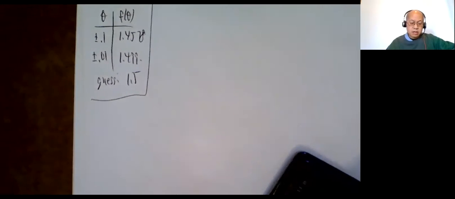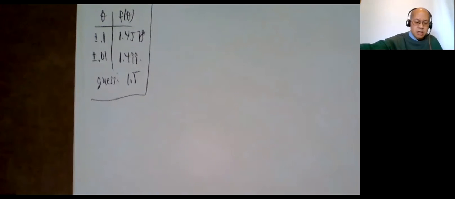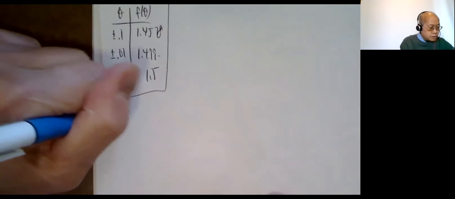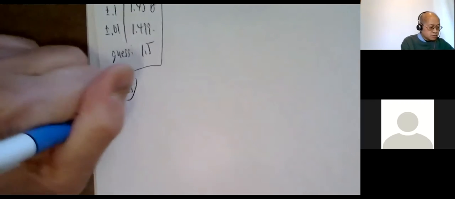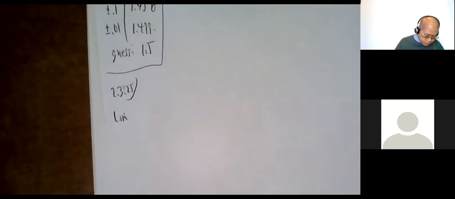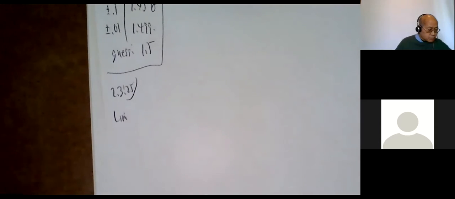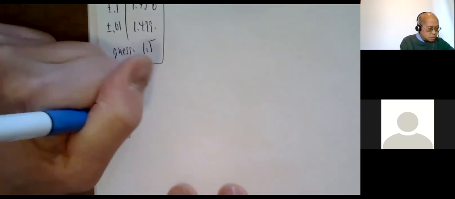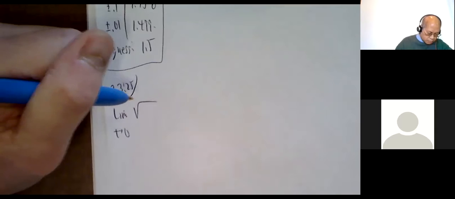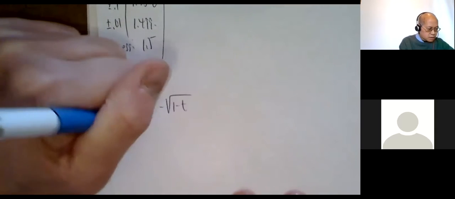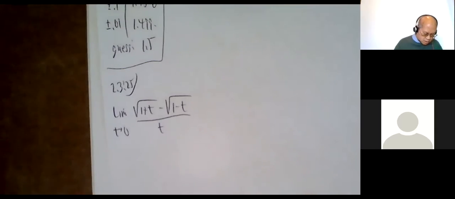Okay, and let's see, still on 2.3, 25. The limit as t approaches 0 of radical 1 plus t minus radical 1 minus t, all over t.